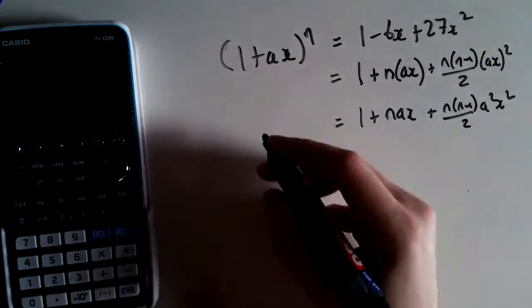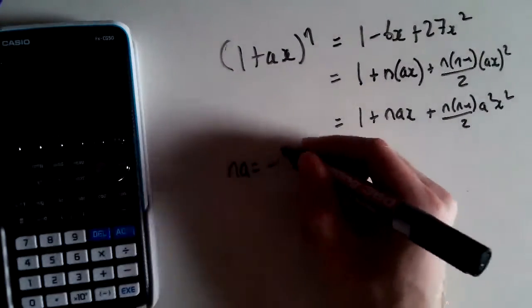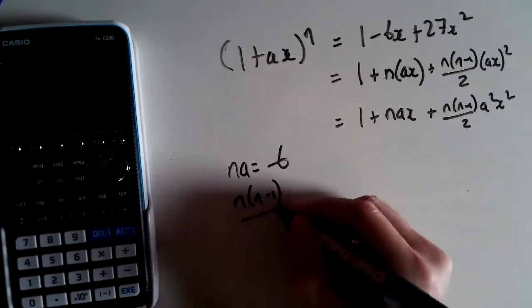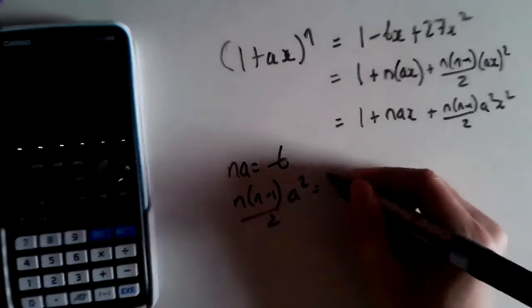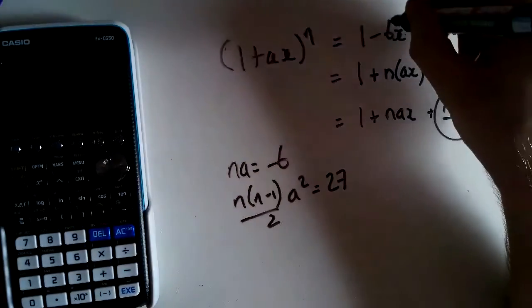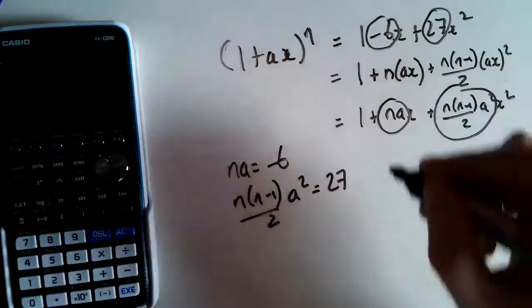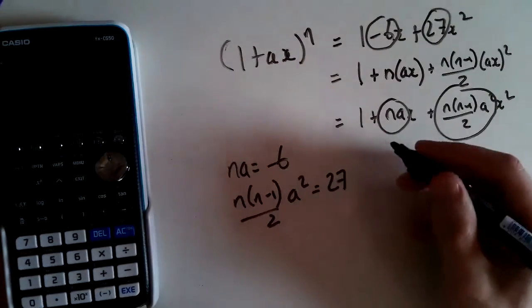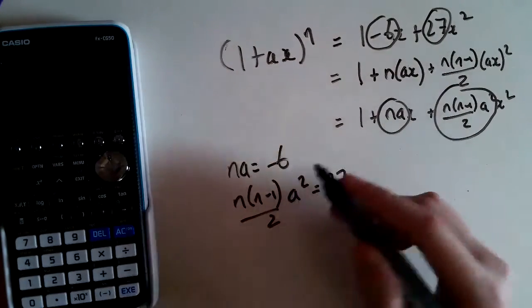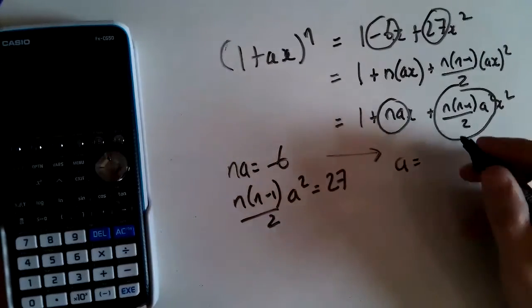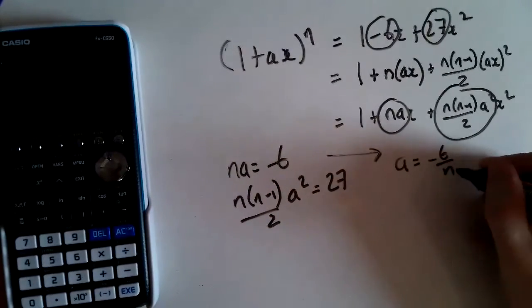So we've got two equations. We have na equals minus 6 and n(n minus 1) over 2 a squared equals 27. Now look, 27 is the bit in front of the x squared, minus 6 the bit in front of the x. So just solve them simultaneously. So from this first one, a would equal minus 6 over n.